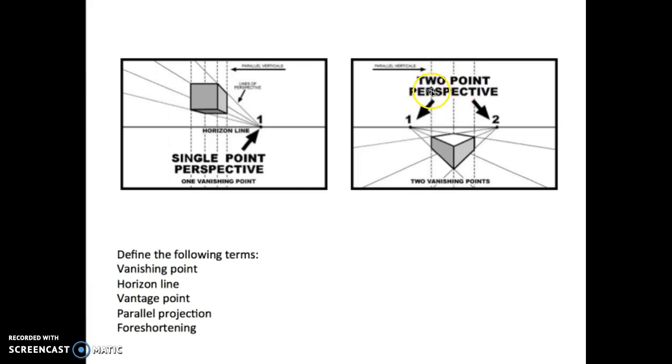When you're looking at a picture that features two-point linear perspective, you're looking directly at the corner of the object, the square or cube here. Whereas with single point linear perspective, one point linear perspective, you're not looking directly at this corner, right? You're kind of looking at the side of the object here, or the front of the object.